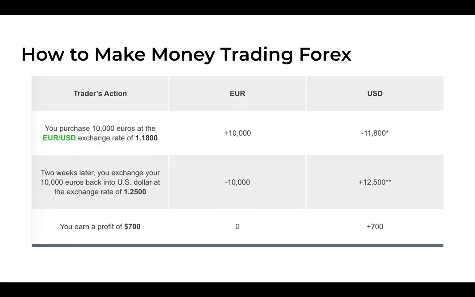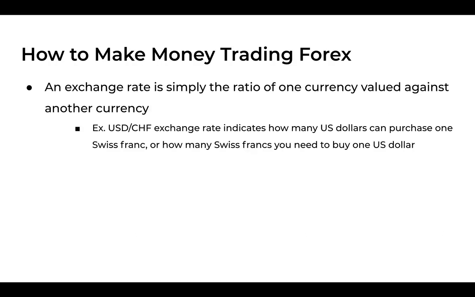Just a visual explanation of this, you can see right here, you bought 10,000 euros, which was selling for 11,800 US dollars. Two weeks later, you exchange those euros back into US dollars, and you're able to get 12,500 US dollars back because the exchange rate went up. So you gain a profit of $700 in this case.